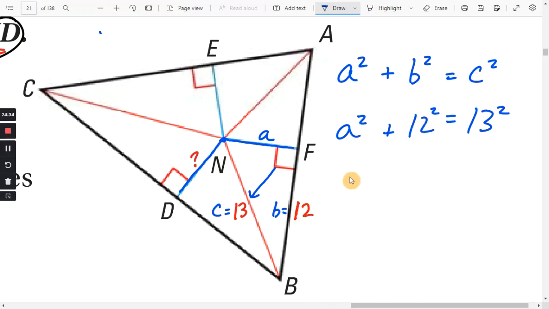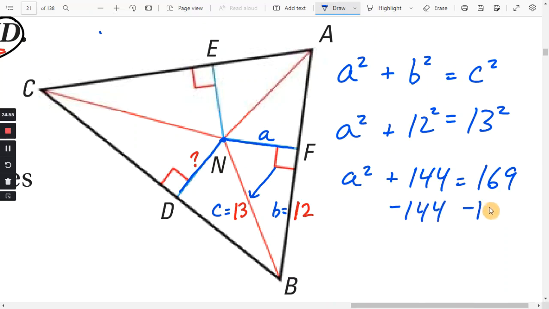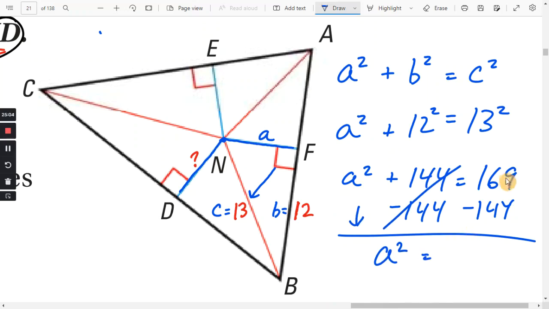We have a squared, 12 times 12, that's not equals, that's plus. 12 squared, or 12 times 12, 144. 13 squared is 169. The opposite of plus 144 is minus 144, and it cancels here. Bring down your a squared. 169 minus 144 is 25.